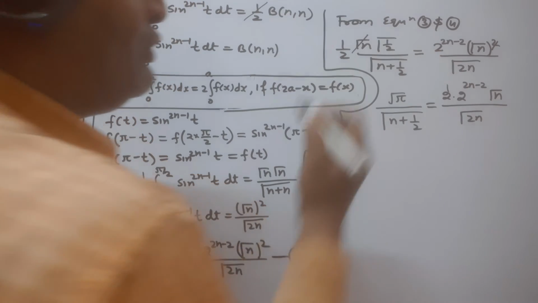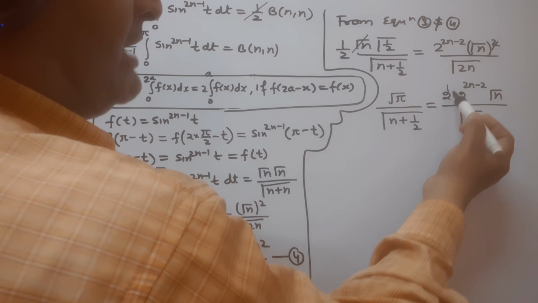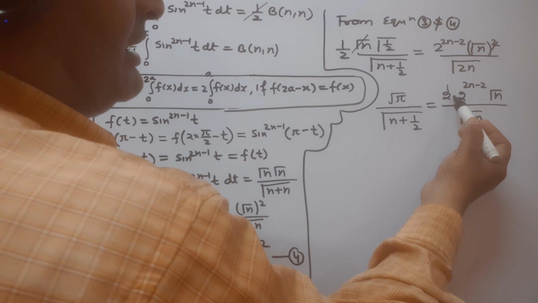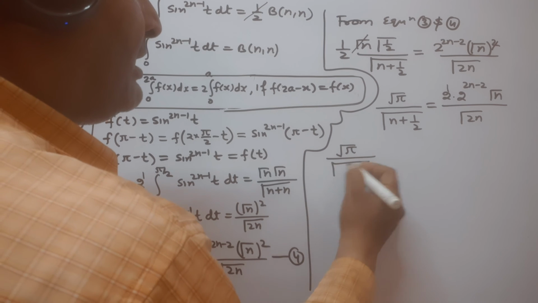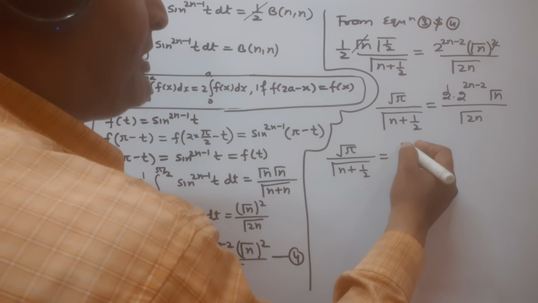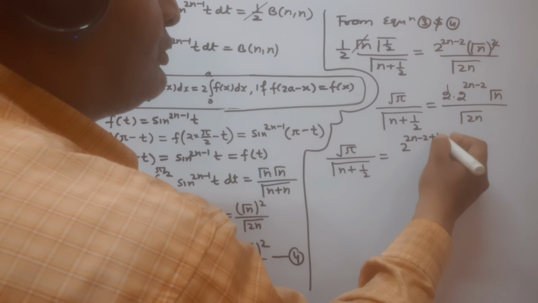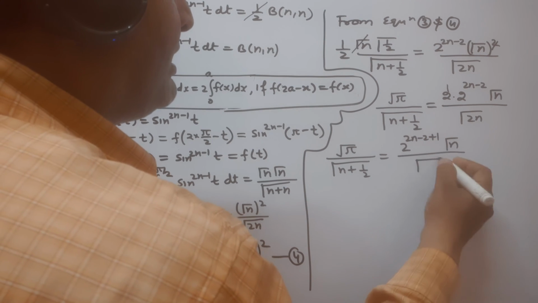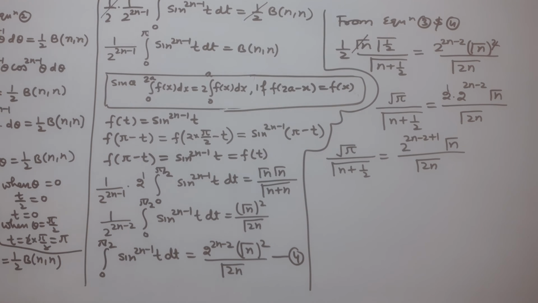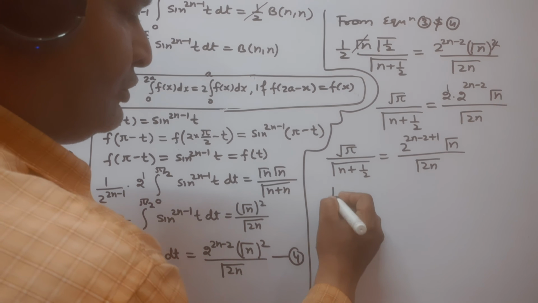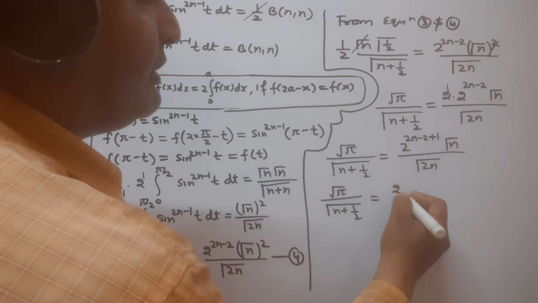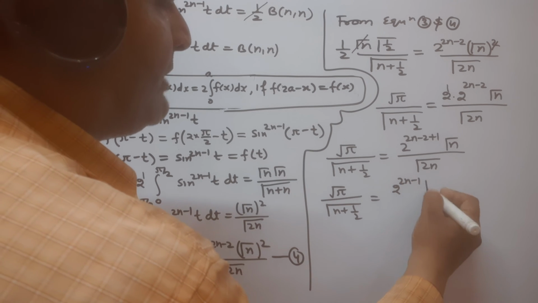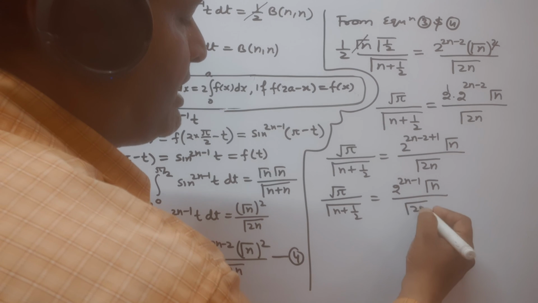Here the power of 2 is 1, so the powers will be added because the base is the same and the operation is multiplication. So this is root pi divided by gamma n plus 1 by 2, here the powers will be added, so 2 to the power 2n minus 2 plus 1, gamma n divided by gamma 2n. Now we do cross multiply both sides, so we get root pi divided by gamma n plus 1 by 2, this is equal to 2 to the power 2n minus 1 gamma n divided by gamma 2n.